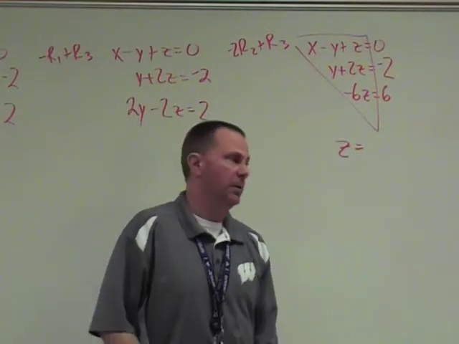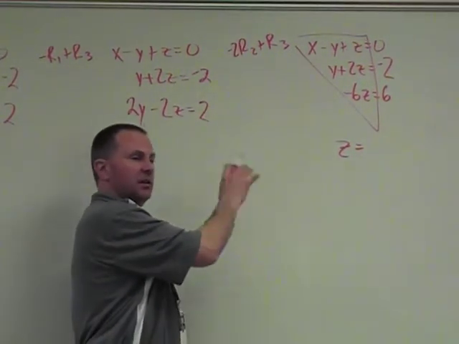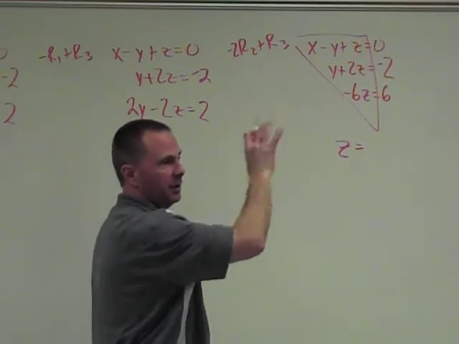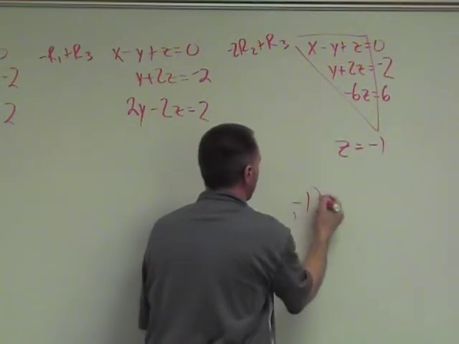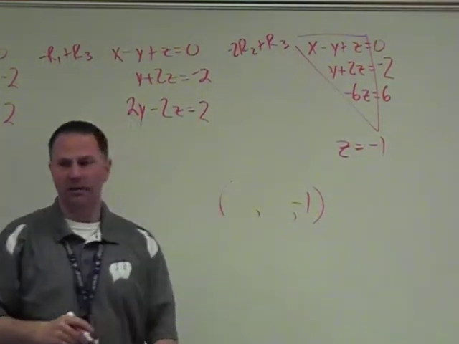Okay? So when we go to solve this, it's going to be the same thing as if we're getting rid of everything else. So z is negative 1. Everybody find y and then x, please.